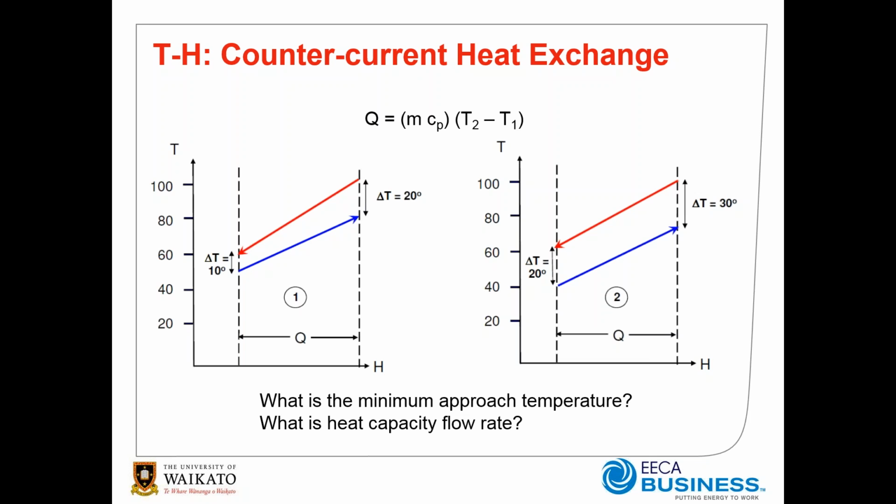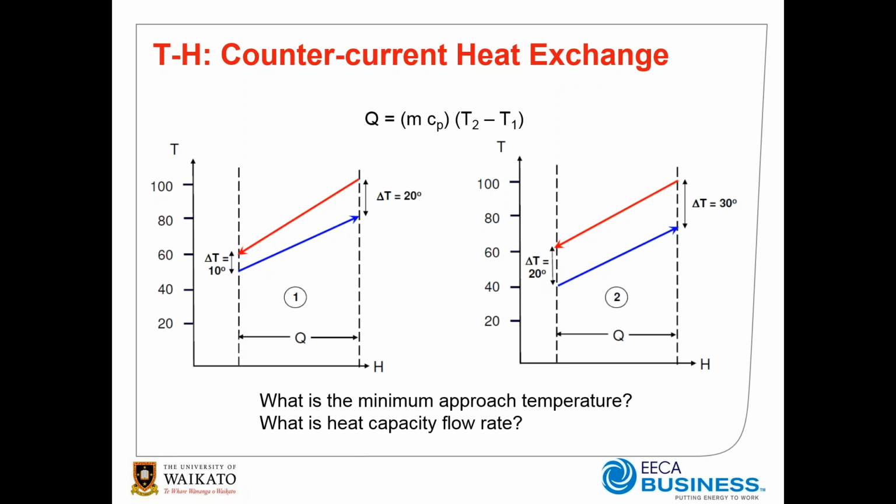If we review our basic heat exchanger duty equation up the top there, with Q is equal to the mass flow times the specific heat capacity times the change in temperature, that mass flow times specific heat capacity is also called the heat capacity flow rate. And you'll notice that it has the units of kilowatts per degree C and is essentially the inverse of the slope of the lines that we see on the temperature enthalpy diagram.